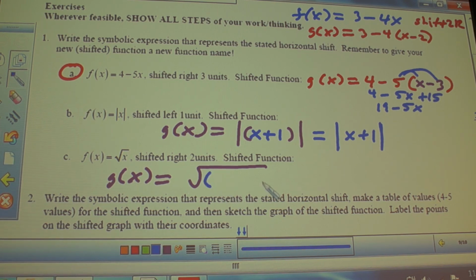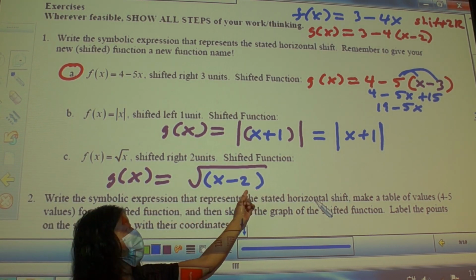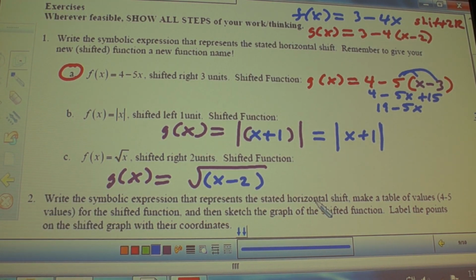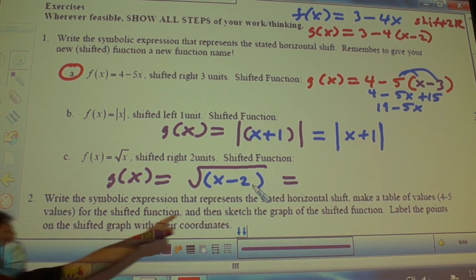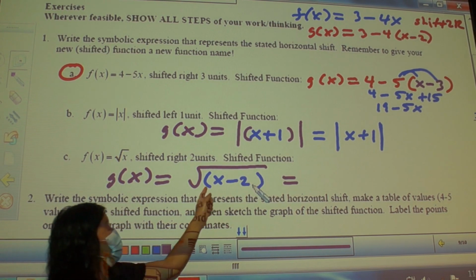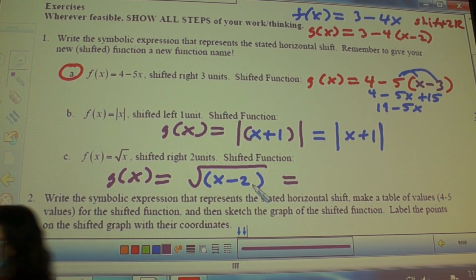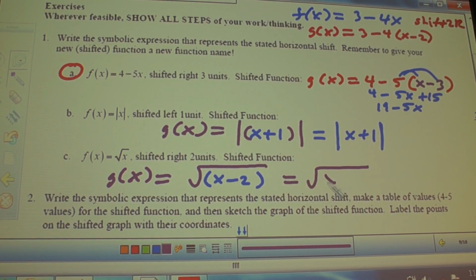So right inside where x is, you're going to put a parentheses, and you're going to put in what? X minus 2. So since it's in parentheses, you know the whole thing is underneath the square root. So if I simplify this, is there anything acting on that parentheses? Is it being raised to a power, or is it being multiplied in front? No, so I can remove it. So it becomes square root of x minus 2.